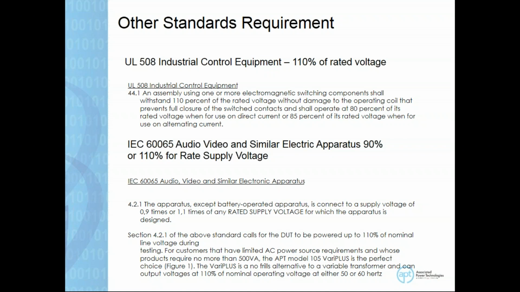UL 508 requires you again to have 110% of the rated voltage applied to the coils and make sure they're operating without damage. Audio, video, electrical apparatus may require you to have a dip of 90% of the voltage. So how do you achieve all these voltages from a wall outlet? You need to have a source that's capable of driving the load at proper voltages.